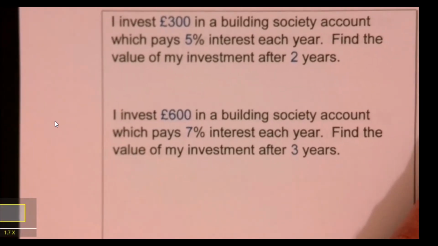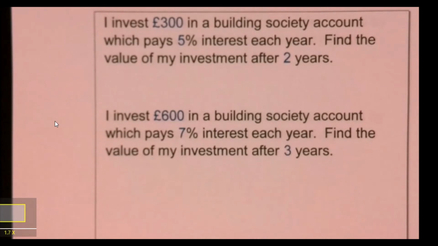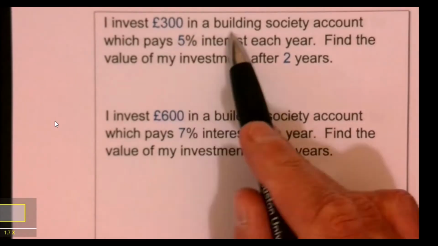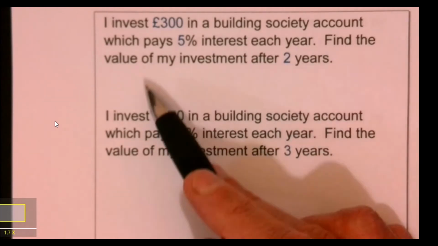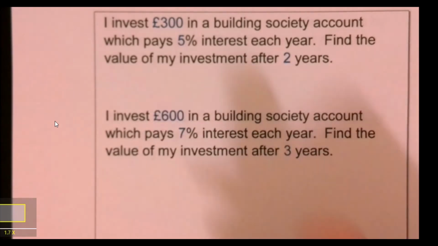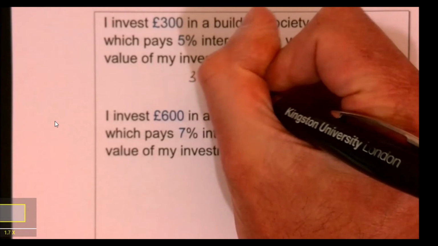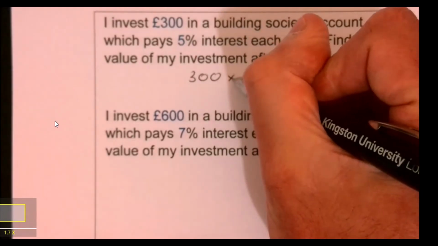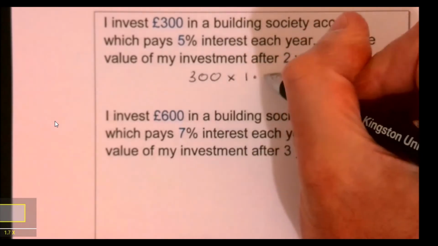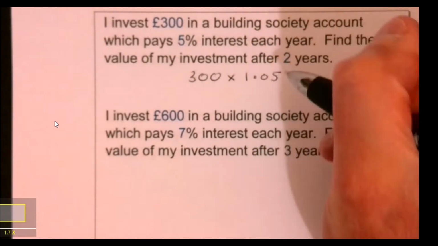So these ones are in your PDF. I invest some money in a building society account which pays 5% interest each year. Find the value of the investment after 2 years. So that's £300. If I want to increase by 5%, I could work out 5% and then add it on to 300, but the best way of doing this is to multiply by 1.05.